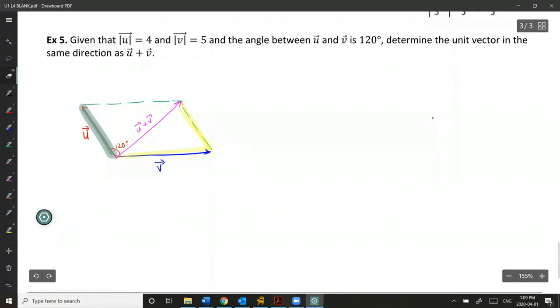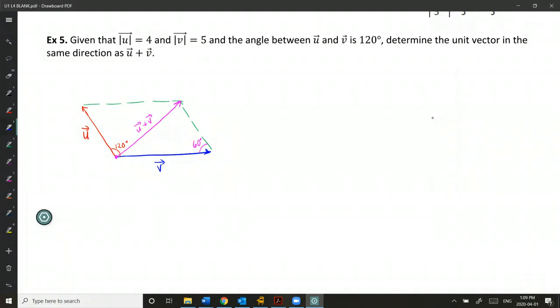So I can actually figure out the angle over on this side as well, just by subtracting from 180. So this will be 60. So I know that this has a length of 5. And I know that this is opposite to vector u right here, so that has a length of 4.